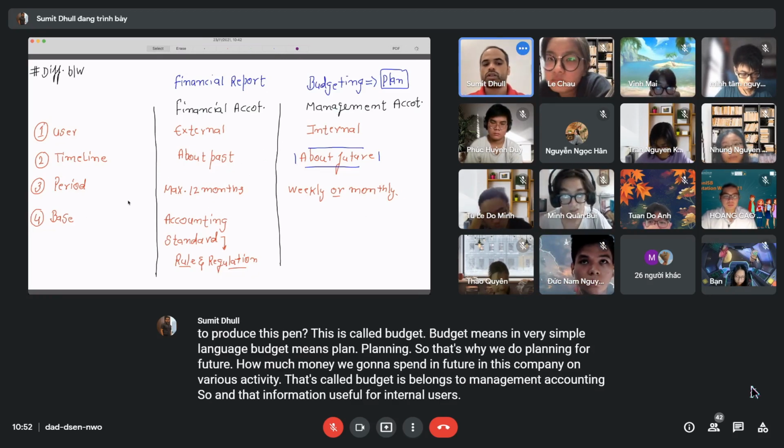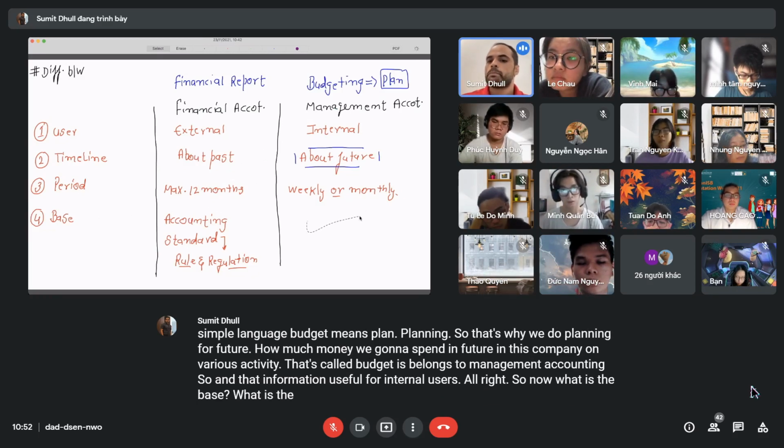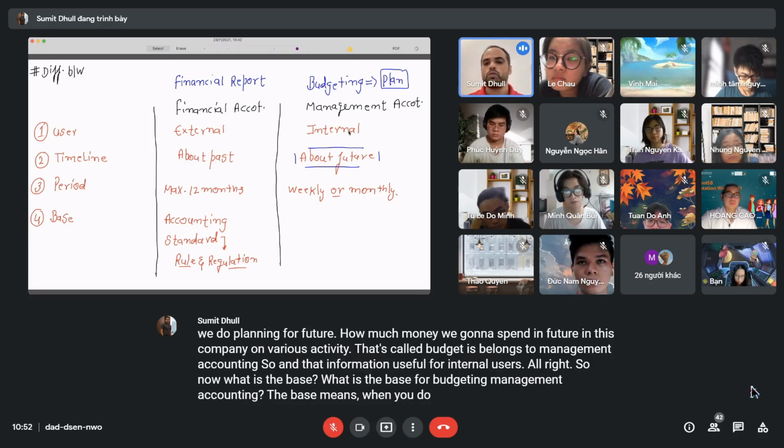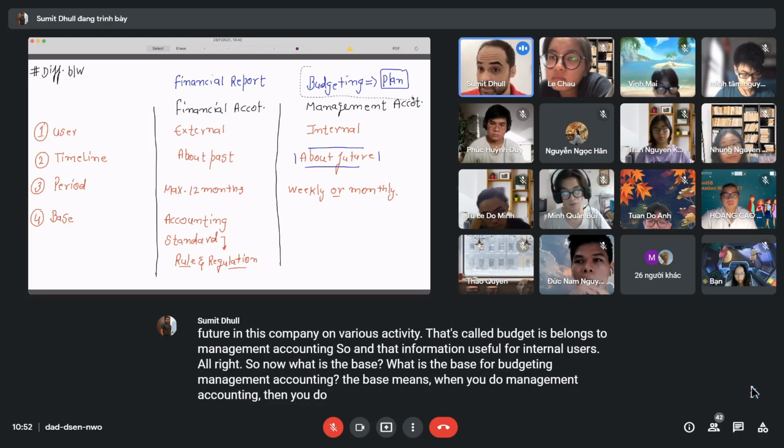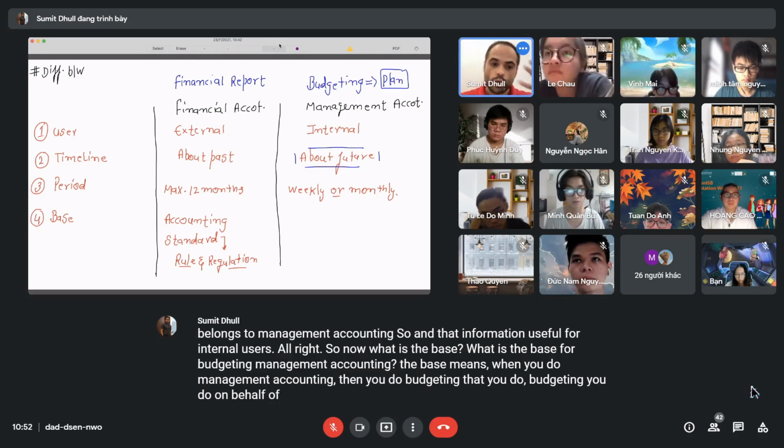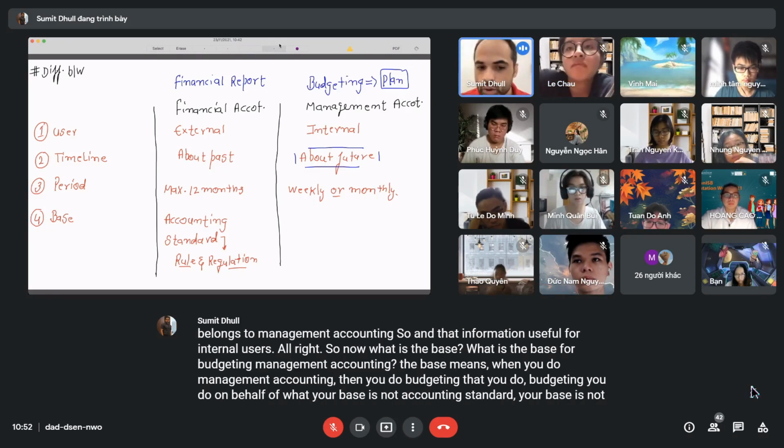All right. So now, what is the base for budgeting, management accounting? The base means when you do management accounting, when you do budgeting, you do on behalf of what? Your base is not accounting standard. Your base is not some rules and regulation.